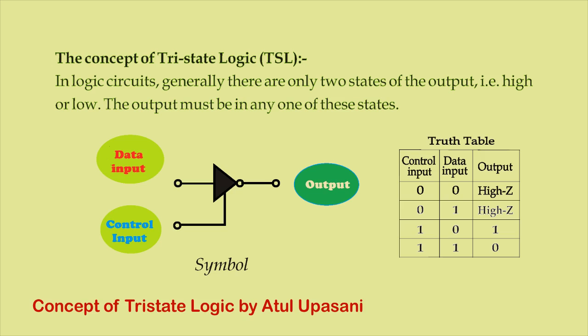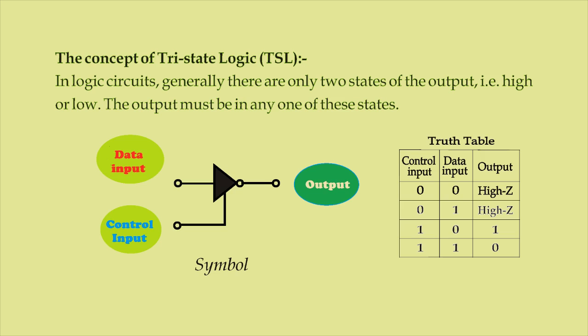In exam preparation, this tri-state logic will be questioned in two forms. One form will be: explain the concept of tri-state logic. There you have to only explain the concept of tri-state logic, and what is the need of tri-state logic, that is, the two reasons or drawbacks are to be explained.